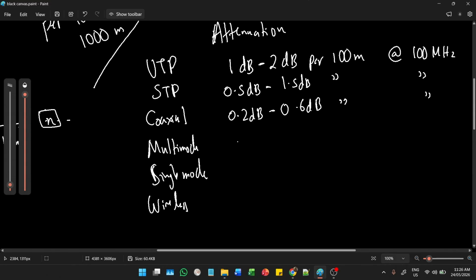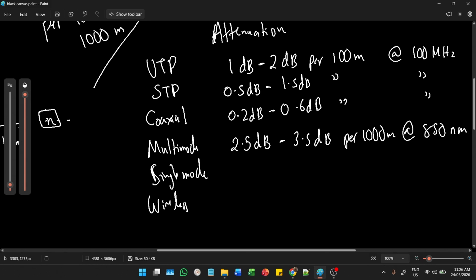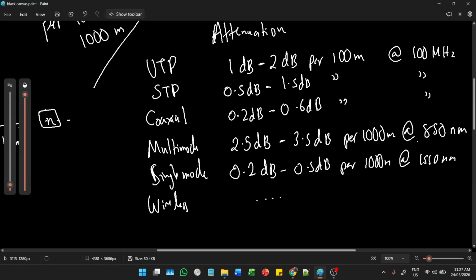Multimode loses 2.5 to 3.5 decibels per 1000 meters at 850 nanometers, whereas single mode, as we talked about, loses only 0.2 to 0.5 decibels per 1000 meters at 1550 nanometers. Wireless, I'm not so sure about it, but as you can see here we have amplitude.